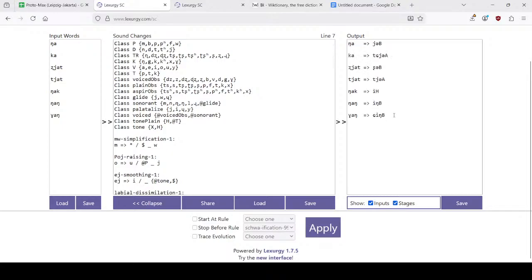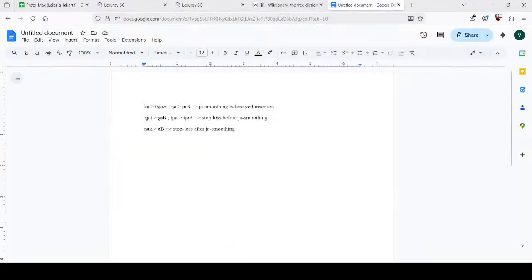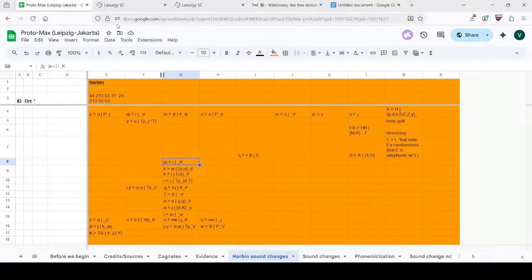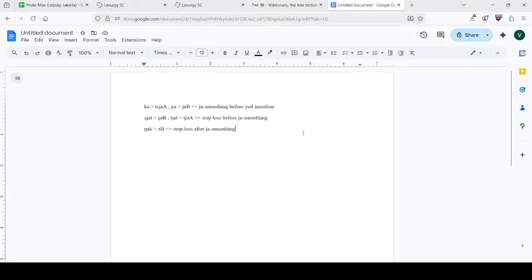Well, these work perfectly as of now, but then the problem is that these two imply that I don't know why I doubled that up there.